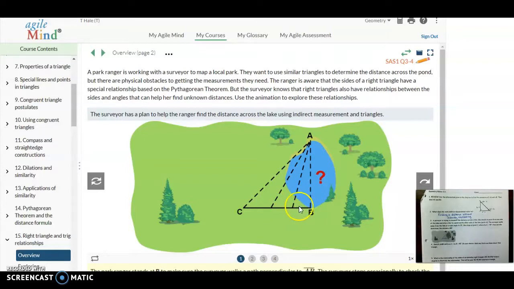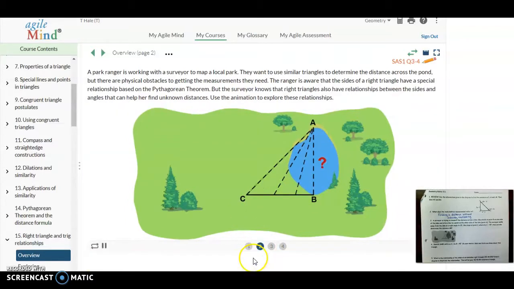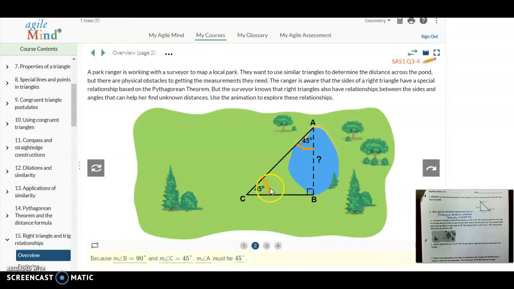And that person keeps going out until they reach an angle of 45 degrees. And so it's a special angle because that creates a special relationship. So if the park ranger can keep checking until they create a 45-degree angle, knowing this is a 90-degree angle allows her to know that this other angle is 45 degrees.